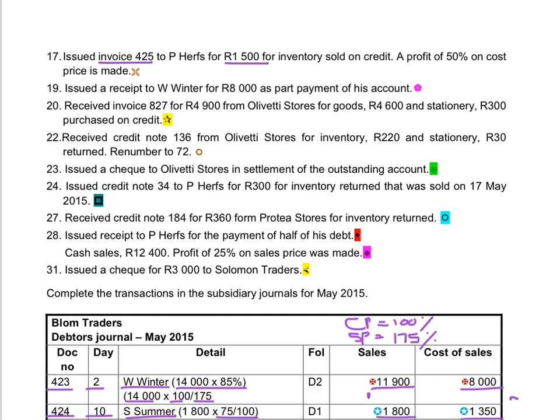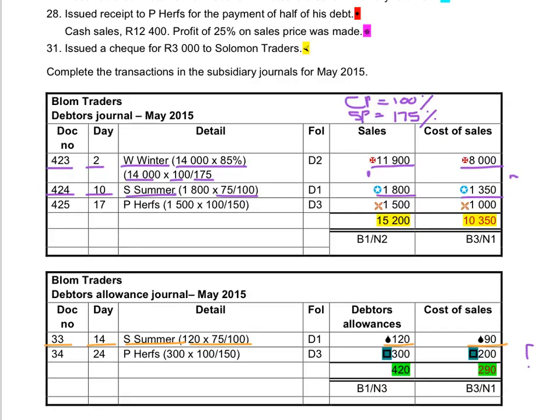This entry is a credit transaction where we sell goods, so this will be recorded in the debtors journal. Invoice number 425 issued on the 17th to PHAPS. He owes 1,500. The cost price will be 100, cost over sales price 150, and that will give me 1,000 rand.